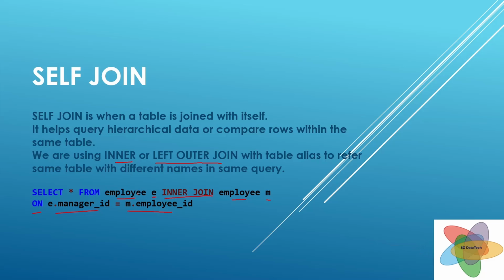Since we have used this on the employee table, you might understand that we can apply this type of self join on a table which has hierarchical data. If we say we have an employee table, we would have ID, then name, and then whose manager ID.